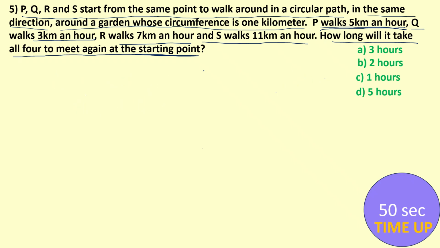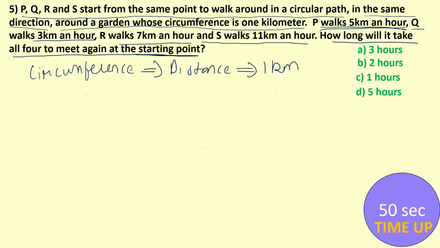So what is given here? Circumference is given, that means the total distance that all four of them have covered is given to you. That is the distance they have covered in a circular path, 1 kilometer. Then speed they have given.